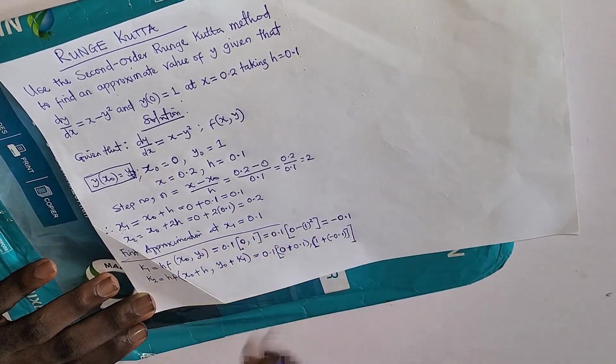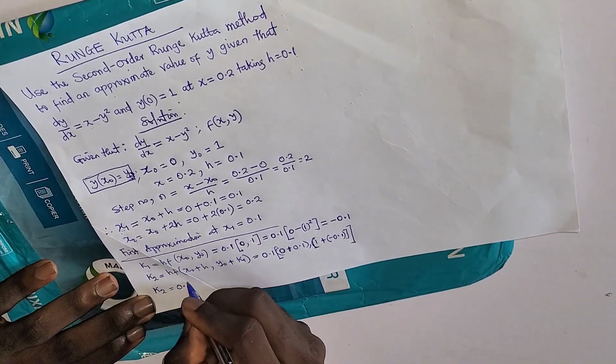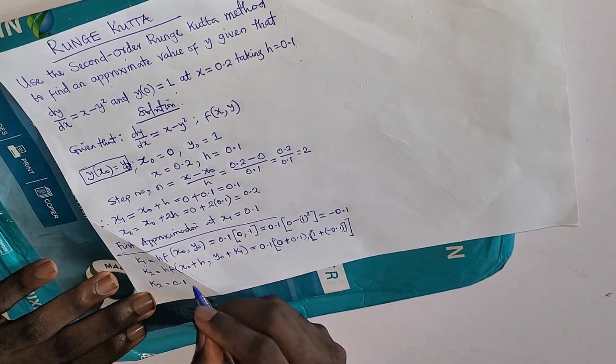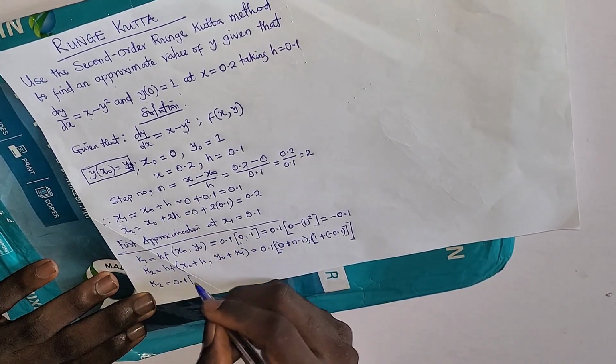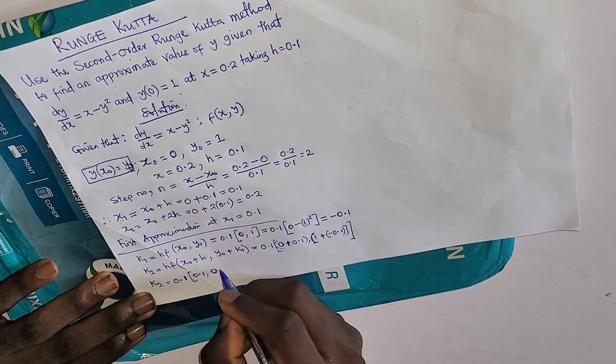So now we can say our K2 is equal to 0.1 into (0.1, 0.9).